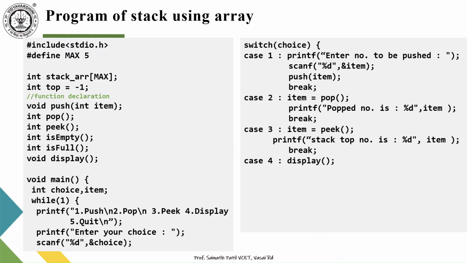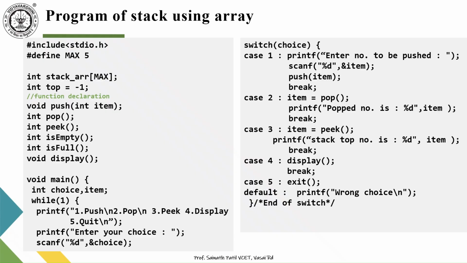Case 4, that is display all the values of the stack. So we call the display function, and case 5 is exit. If any wrong choice is entered, we give wrong choice as a message, and this is the end of switch, end of while. So it is in a continuous while till you select option 5, and this is the end of main function.